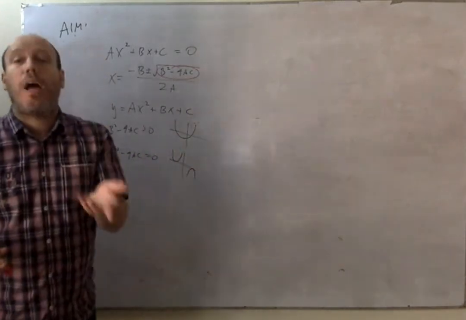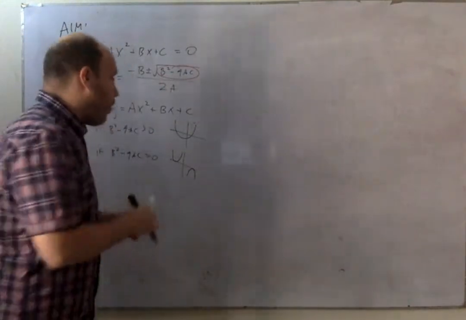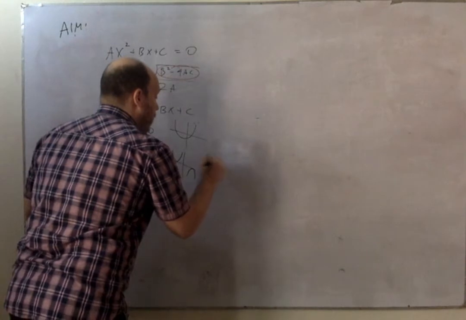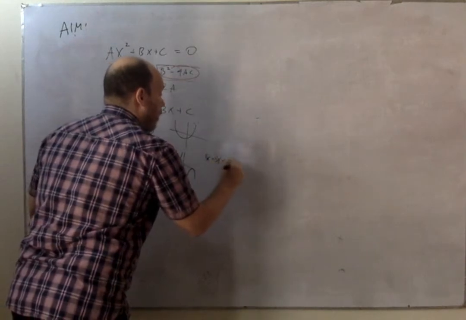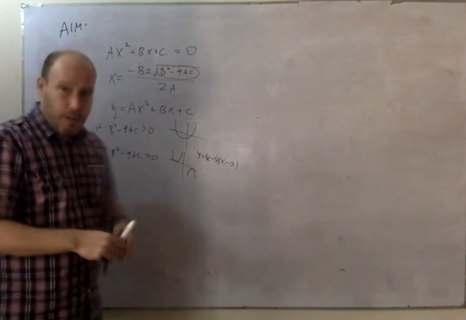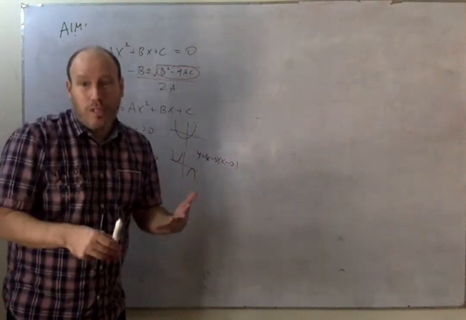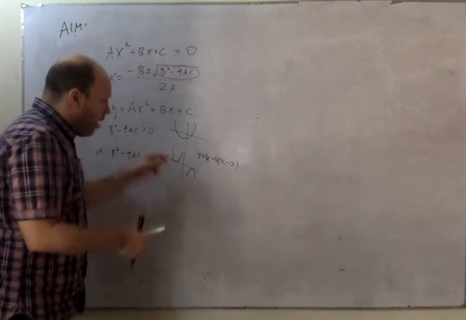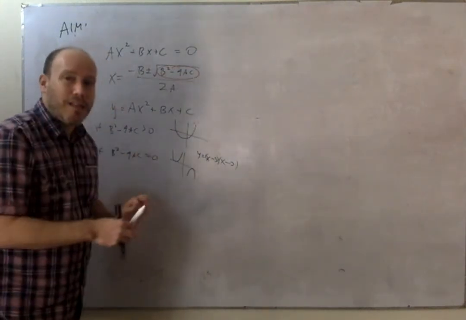So there was like a double root. For example, the equation x minus 3 times x minus 3. It's quadratic, there are two roots, they're both 3, and as a parabola, it just kind of touches the x-axis.